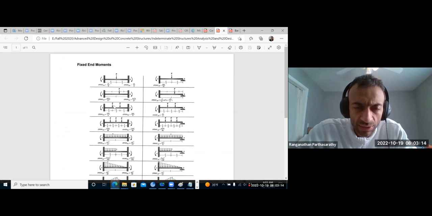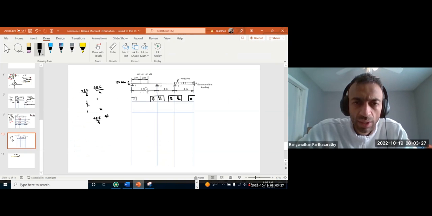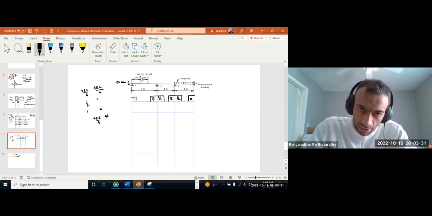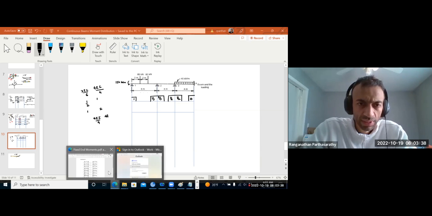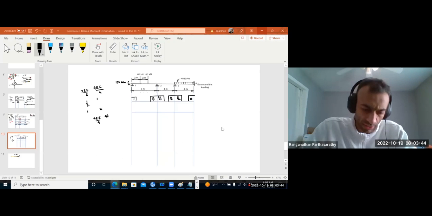So here is our case, 2 equally spaced loads P, P. Fixed end moments are 2PL by 9, 2PL by 9. So P is 80 and L should be the total L, 6 meters.